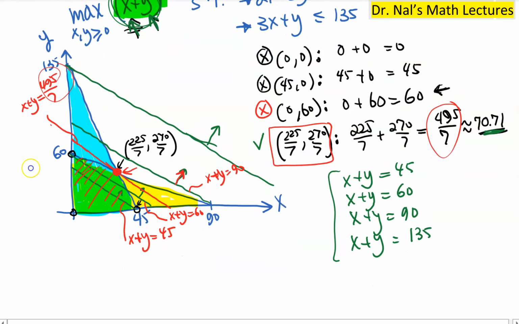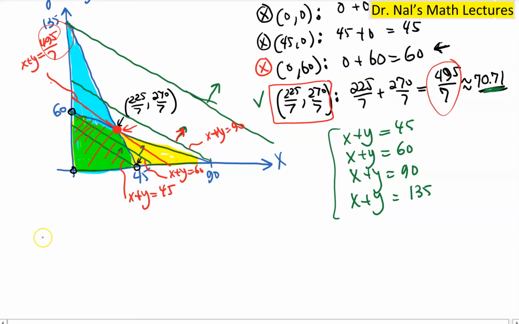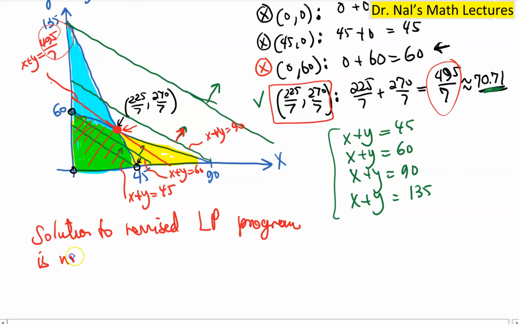So therefore, the solution to the updated, or revised, linear programming problem is now what? When I say solution, I mean the maximum.